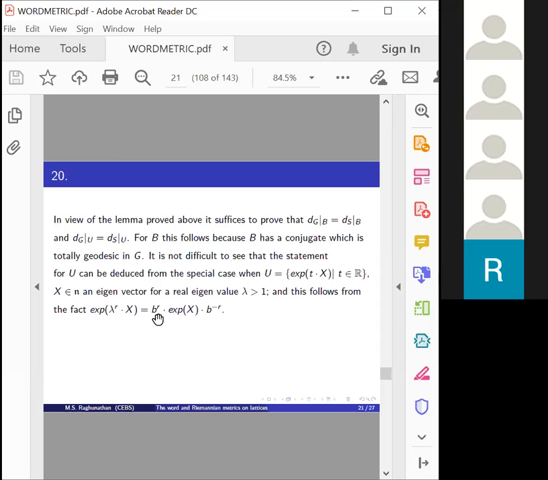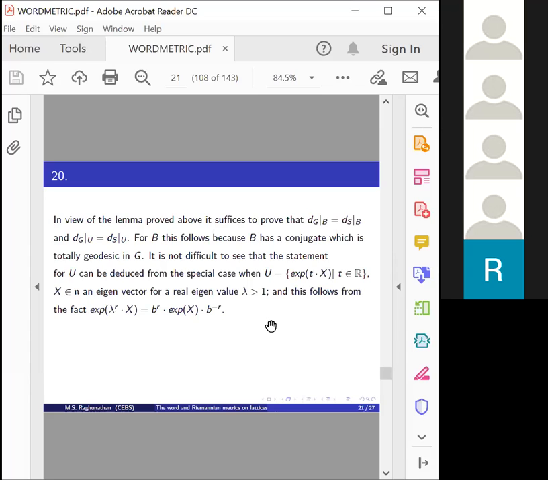This b power r has a distance of r from the identity, and this b power minus r also has distance r. So if you look at this whole thing, this distance is 2r, which is r times log lambda, and x being nilpotent, lambda power rx is a polynomial in lambda power r, and from that what we want follows.